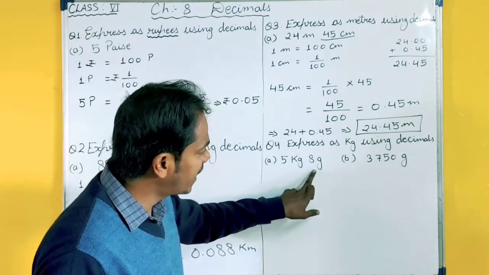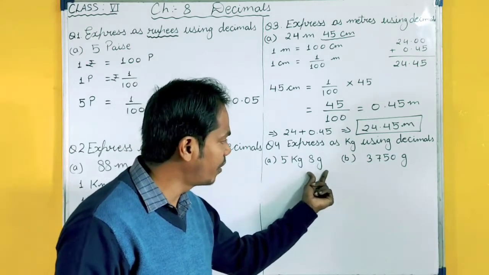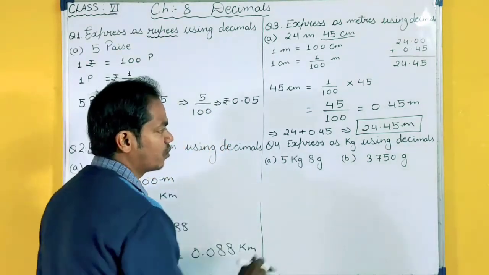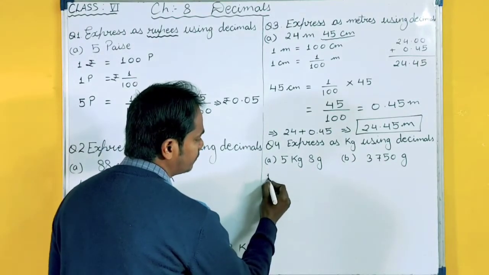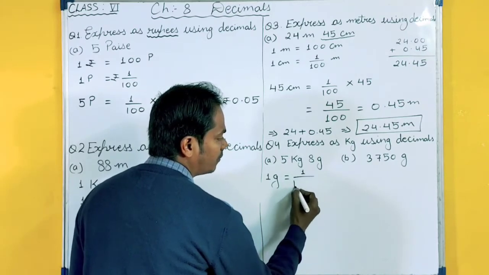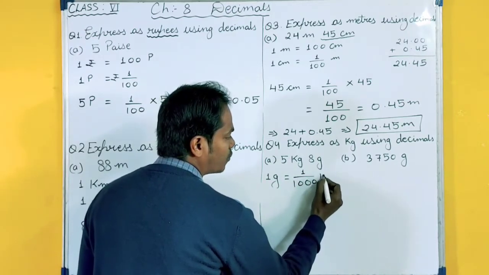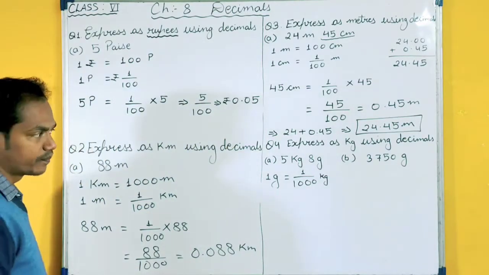This is 5 kg and this is 8 gram. You cannot convert kg. Only you have to convert 8 gram into kilogram. So now I am writing the direct unit. 1 gram is equal to 1 upon 1000 kilogram.